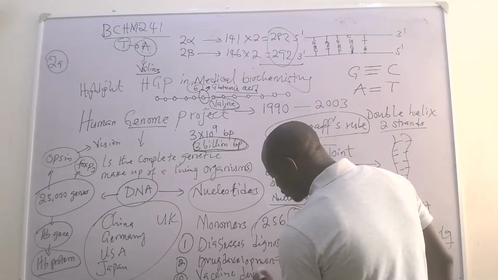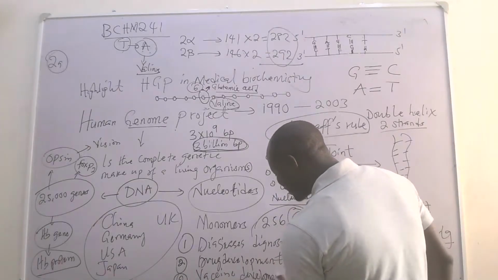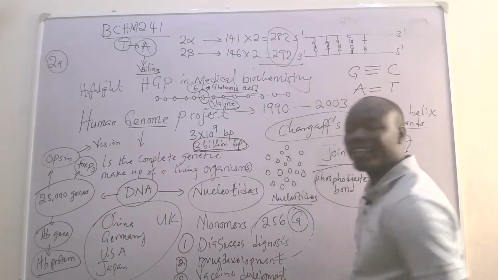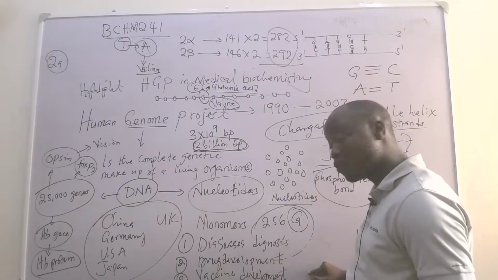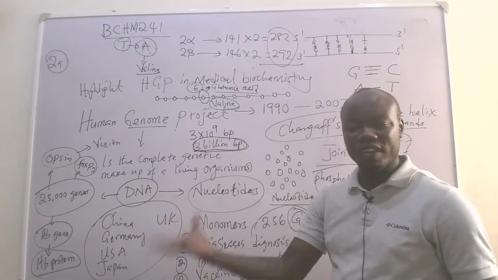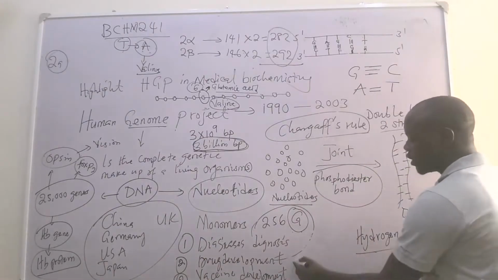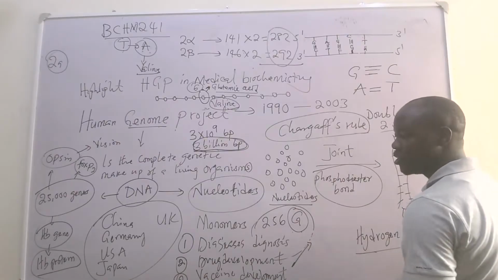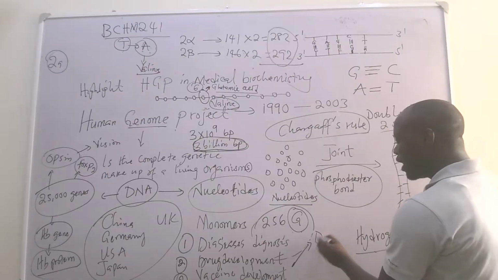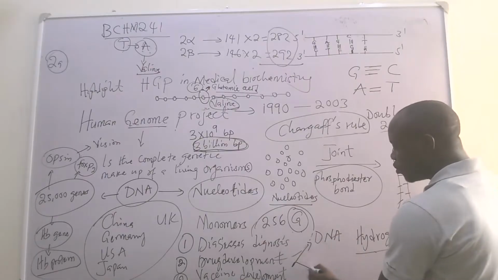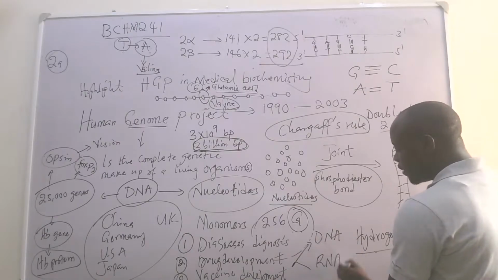In fact, it's after this Human Genome Project that a lot of scientists were able to come up with ideas of how to discover new drugs and how to come up with new vaccines. Because we have different types of vaccine: protein vaccine, attenuated vaccine, DNA vaccine, and also RNA vaccine.